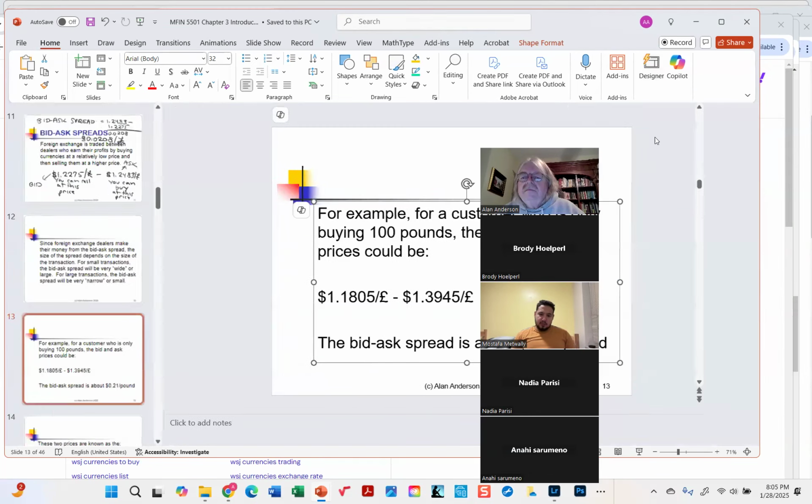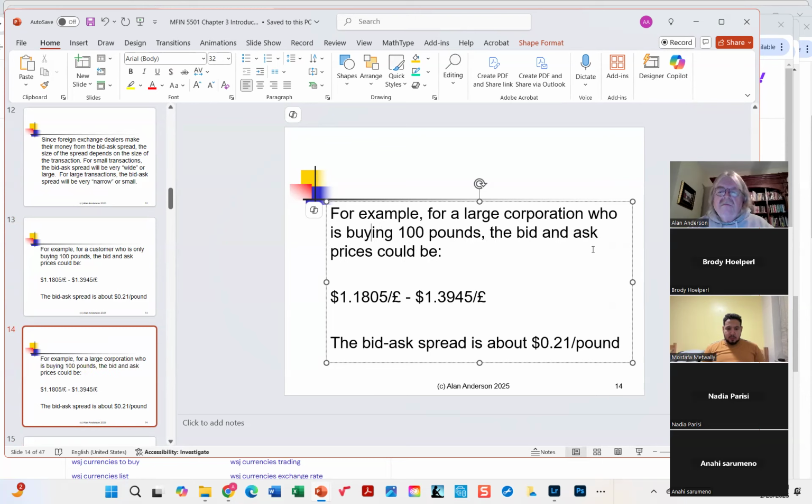So a large corporation who is buying, let's say, 100,000 pounds, well, now you're talking about something completely different. Instead of 20 cents or something ridiculous like that, it could be fractions of a percent.